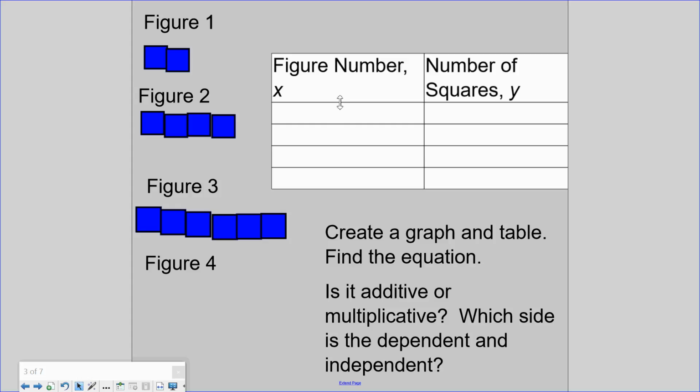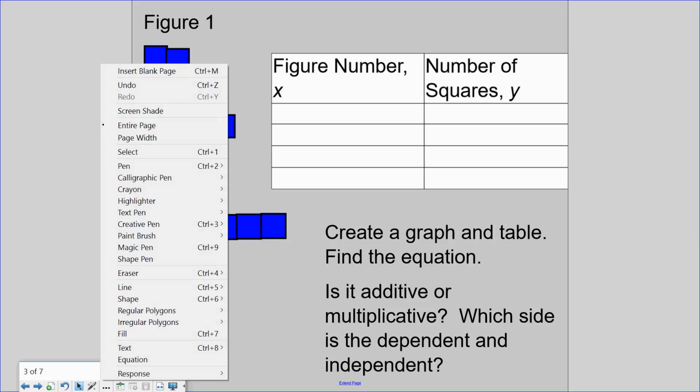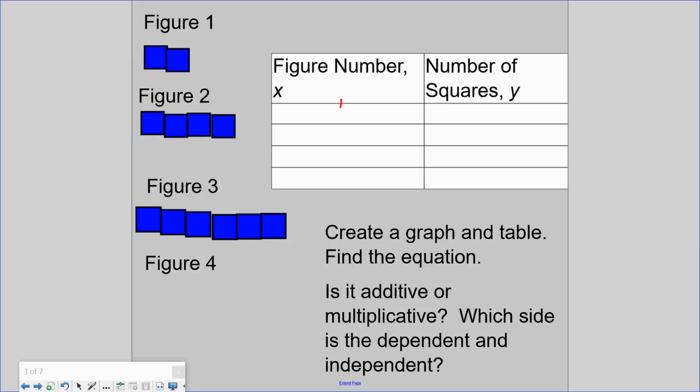In figure 1, I see 1 square. So figure 1, there are 2 squares. In figure 2, there are 4 squares.